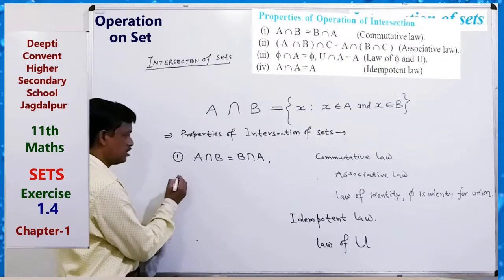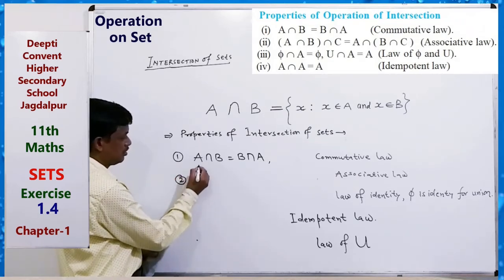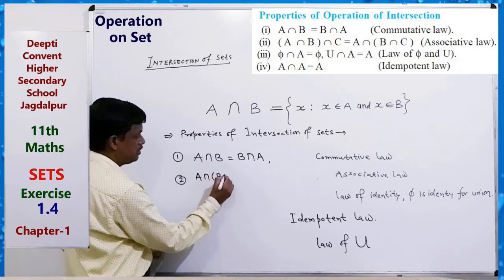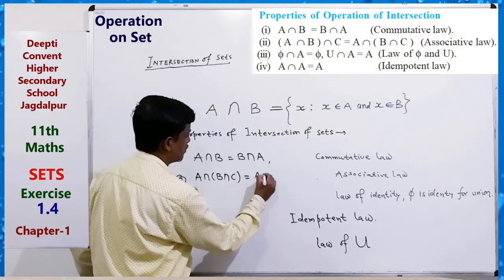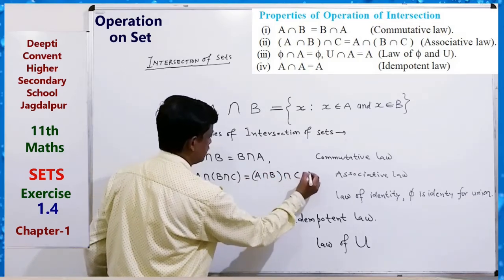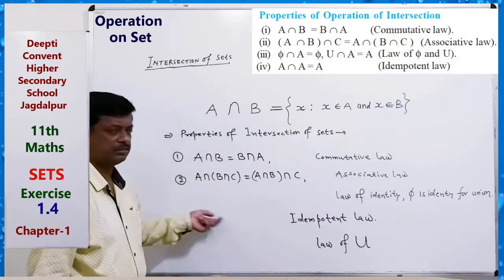Associative law also holds for this. Second, A intersection B intersection C. There are three sets.